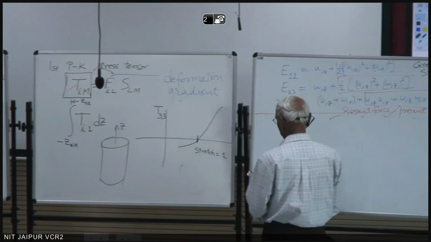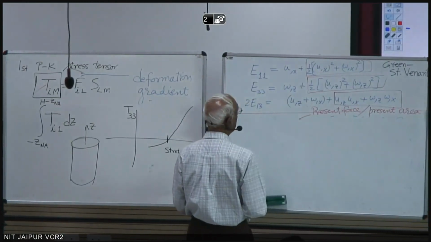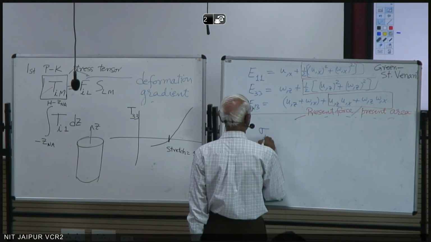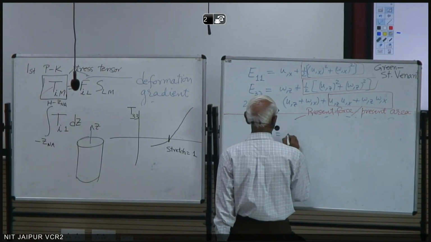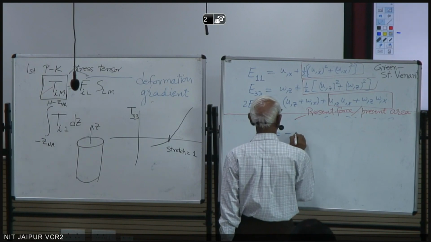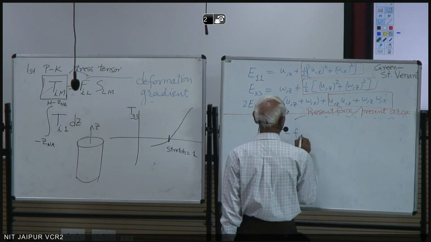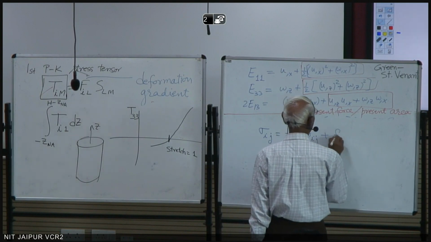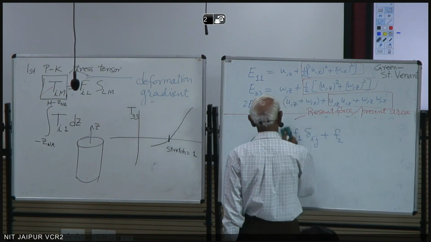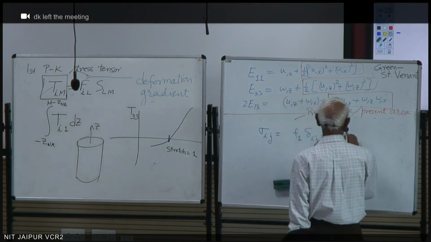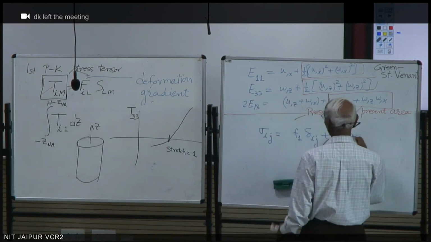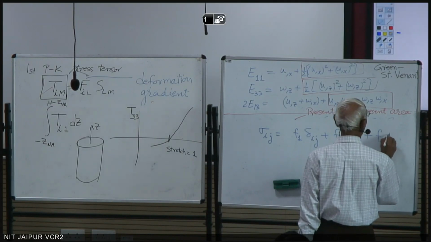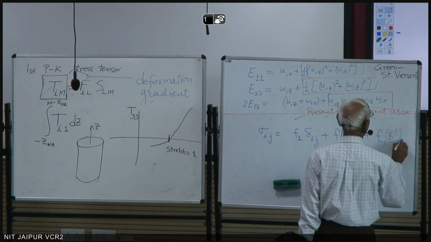I can use, say, sigma ij equal to minus some constant times delta ij plus, let me not write the minus sign, f1, f2, bij, I will explain what these are, plus f minus 1, b inverse ij.